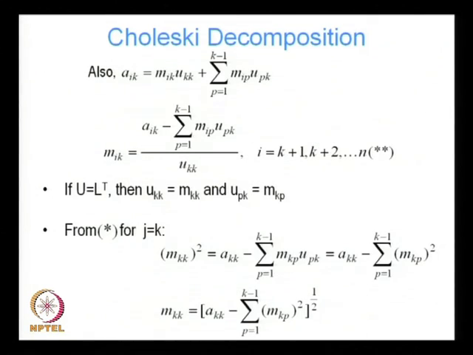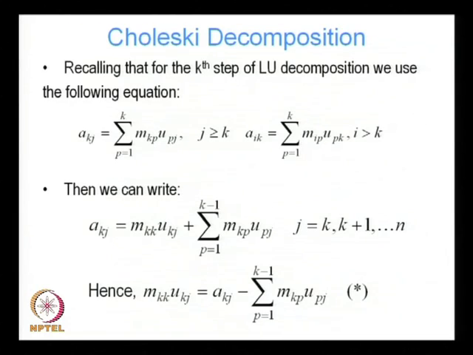Actually, let me go back a little bit and clarify. It's not that the equations are combined, I am sorry, I misspoke. A_KJ is just the first equation where I have taken the kth term outside the summation sign.